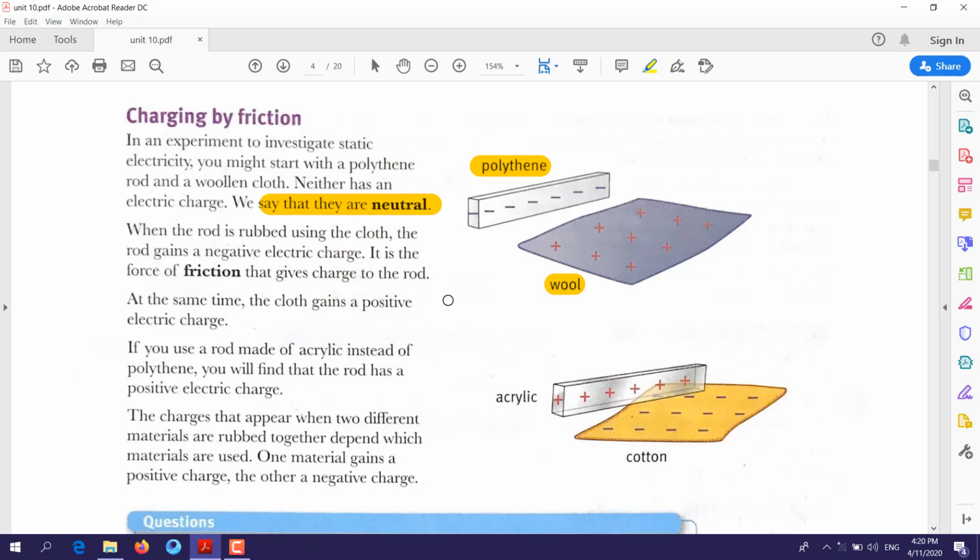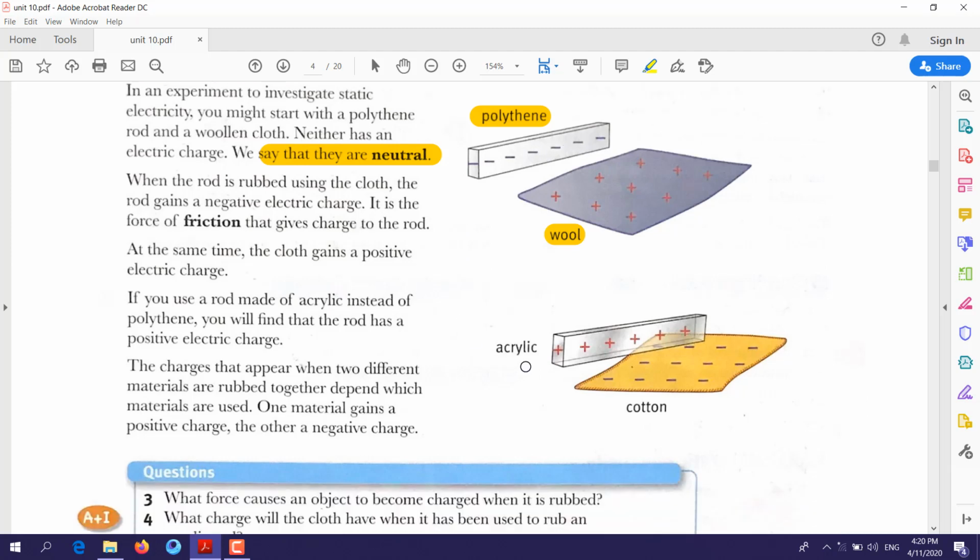Then here we also have another kind of materials: acrylic and cotton. If you rub these two materials together, what will happen? It will be the opposite. The acrylic will gain positive charge, and the cotton will be negatively charged.